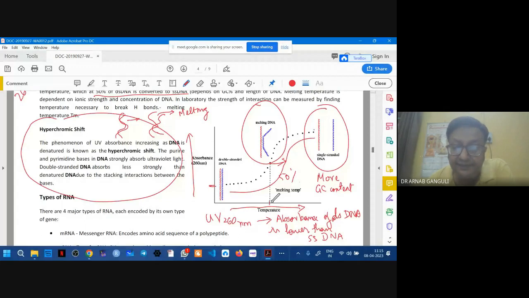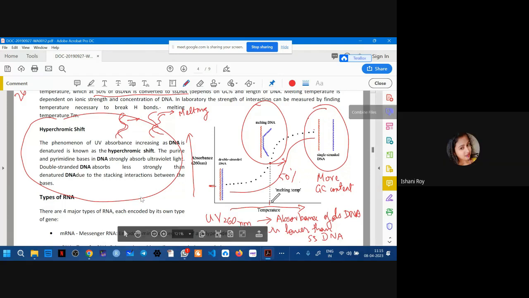Clear? So this is high, and this is known as hyperchromic shift. Is it clear so far? Yes, sir.